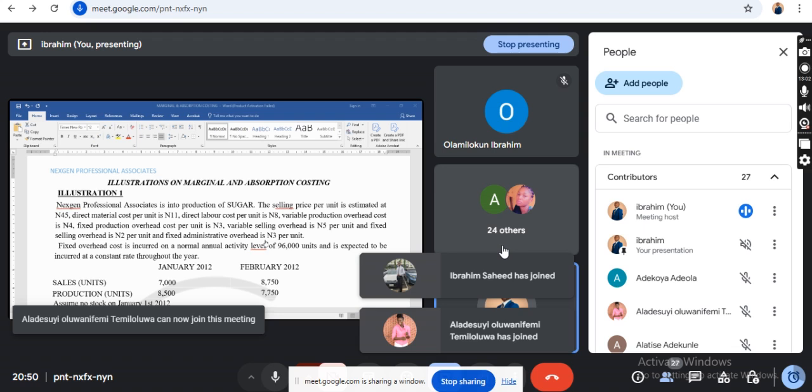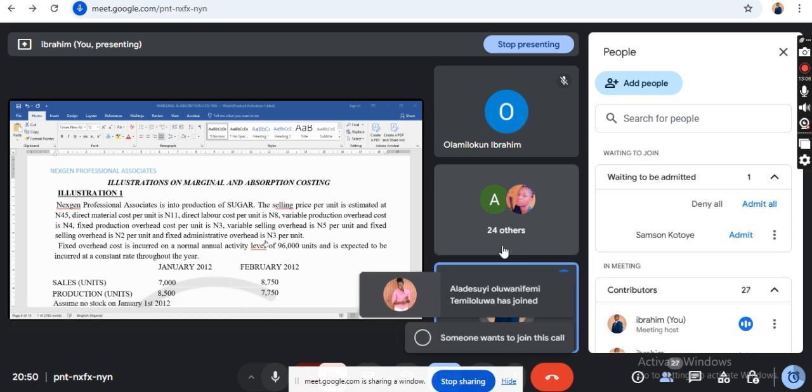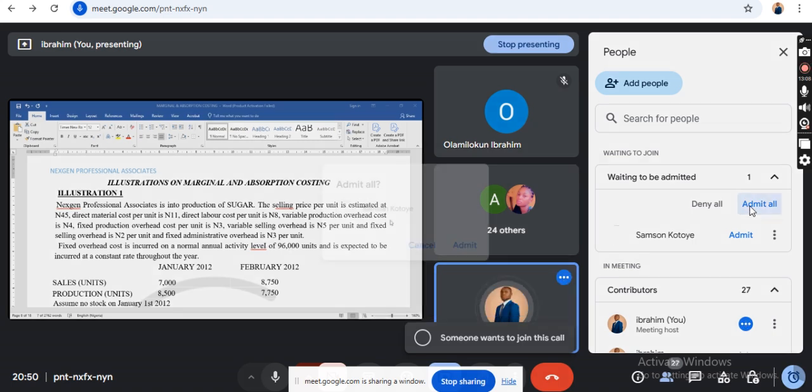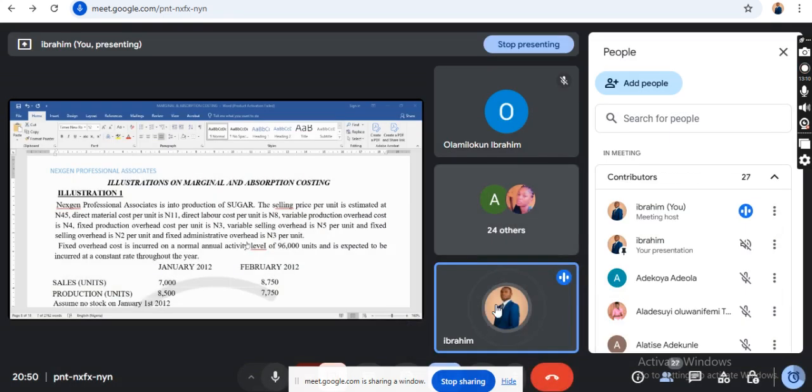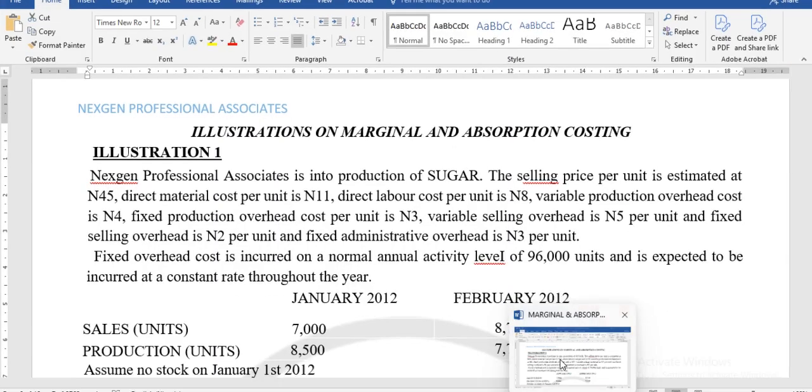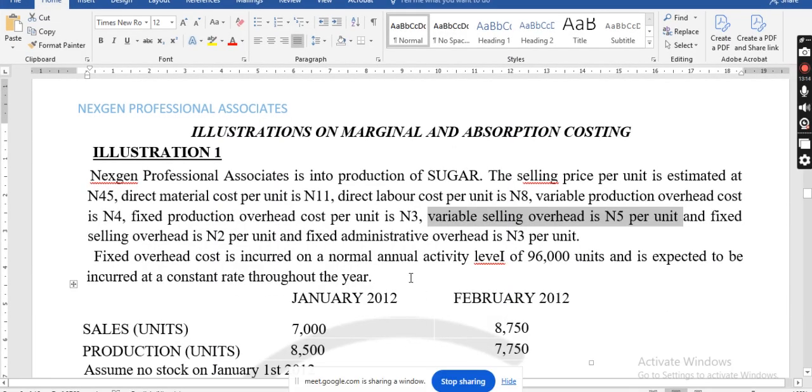You can treat it as non-production cost under marginal costing, which we have examined in our previous lecture, right, class? So that is why you have to bring in your variable selling. You can see the variable selling overhead is 5 naira per unit. It is selling.